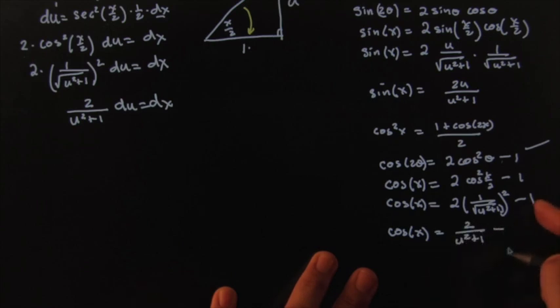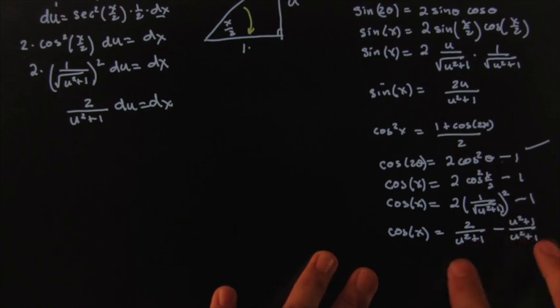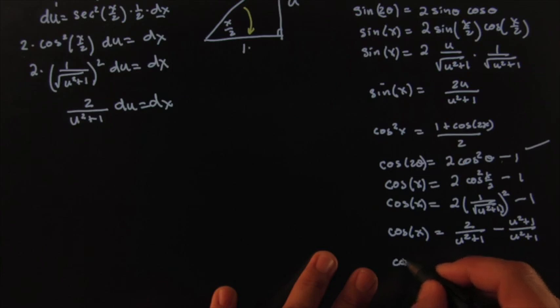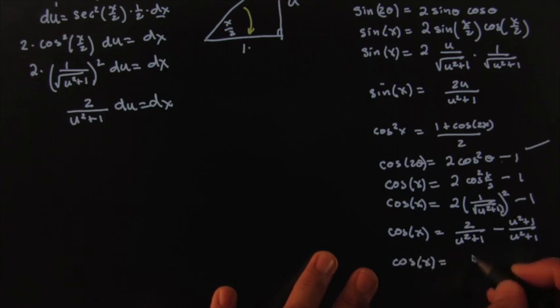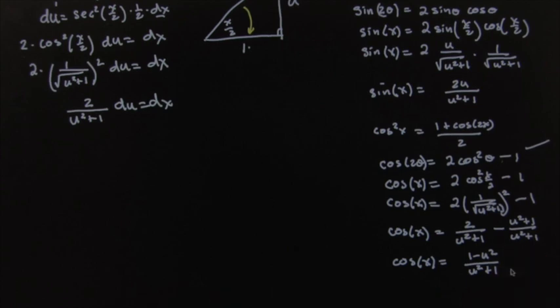I have to subtract 1, but I might as well get a common denominator on that: u squared plus 1 over u squared plus 1. That way I can combine these two. That would give me cosine of x is equal to 2 minus 1 minus that, so it'll give me 1 minus u squared all over u squared plus 1. And that would be the exchange rate for cosine.